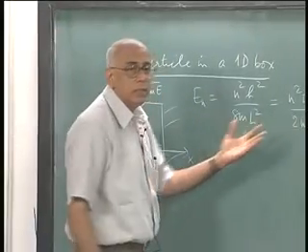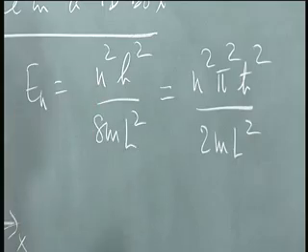I would expect the result that we get to merge with this result for sufficiently large n, when n becomes much greater than 1, but it will turn out that it is actually true for all n: 1, 2, 3, 4 and so on. So what is the Schrodinger equation?